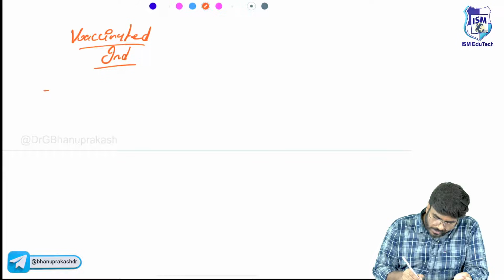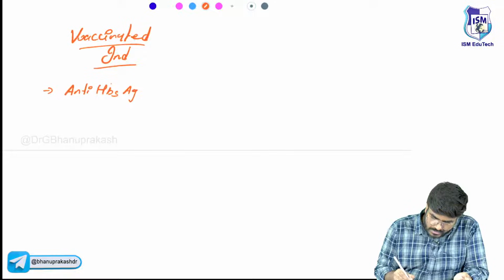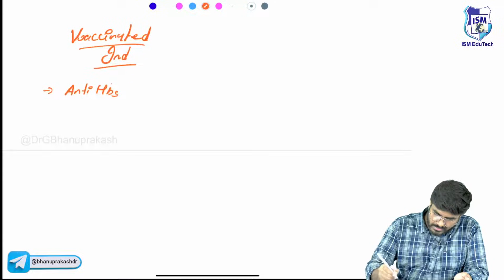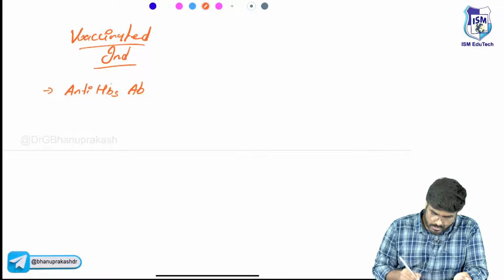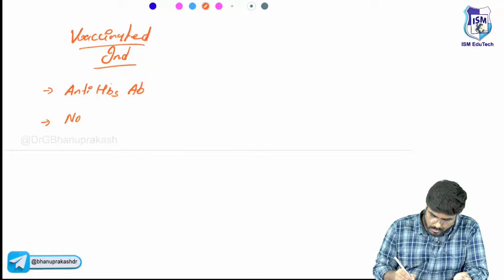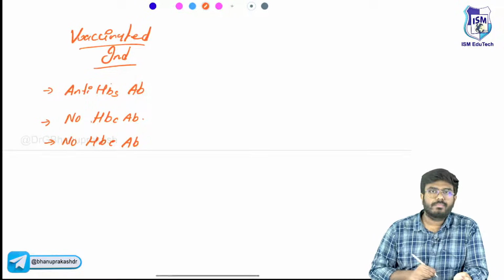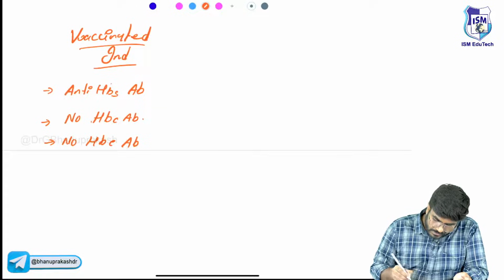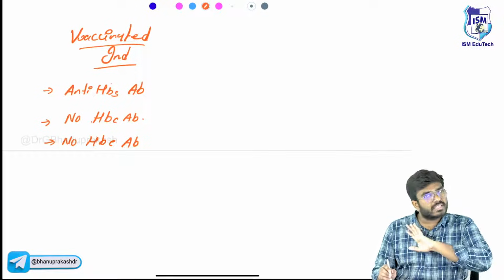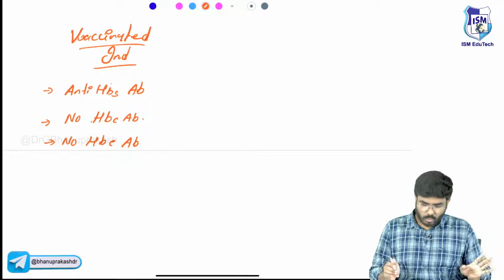So what he is going to have is only anti-HBs antibodies. There is no HBc antibody, no HBe antibody, nothing else, and even the HBsAg is not seen. Only this is present.